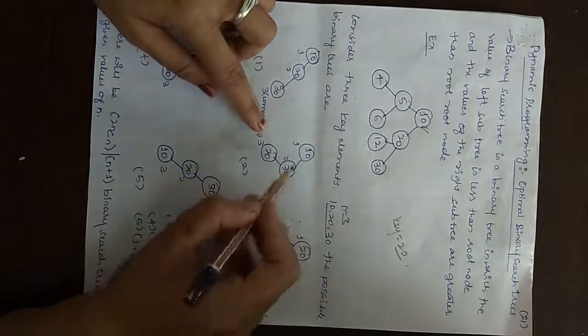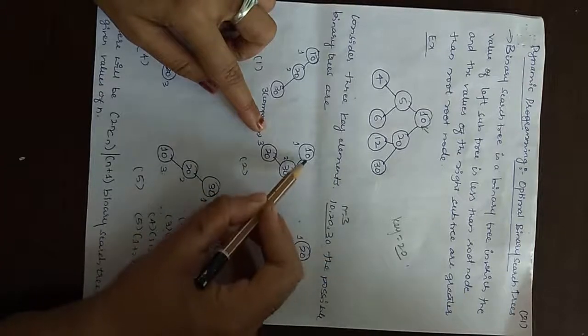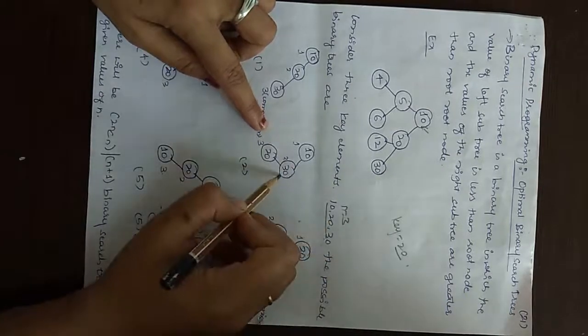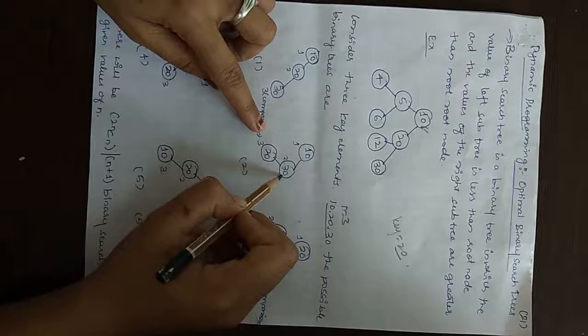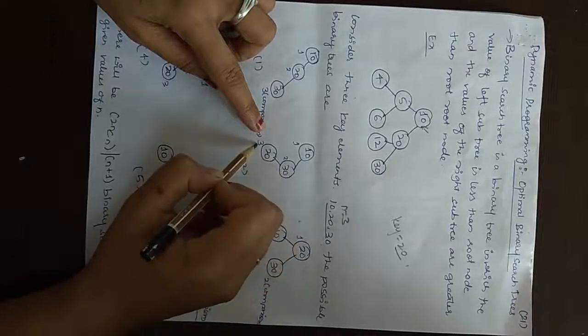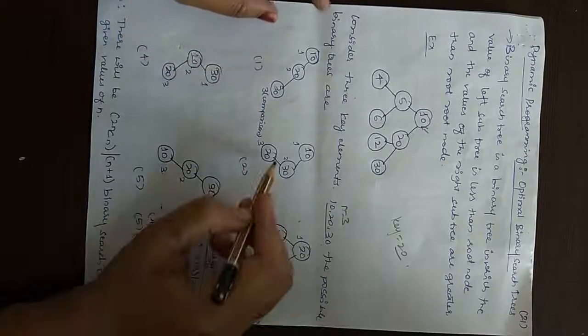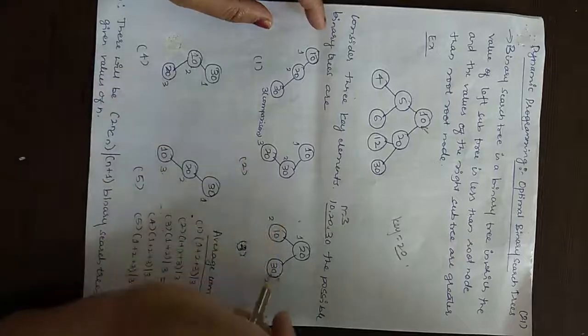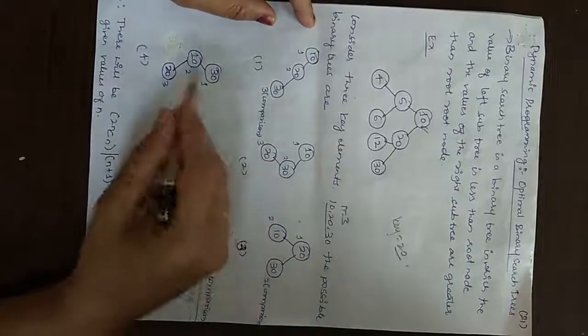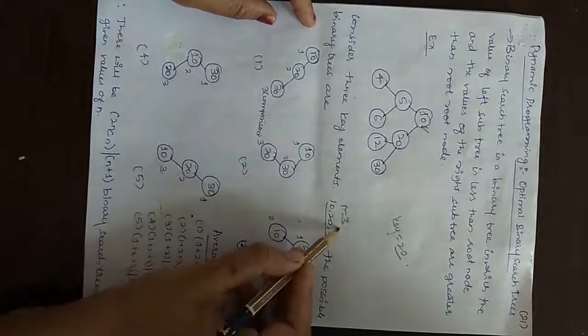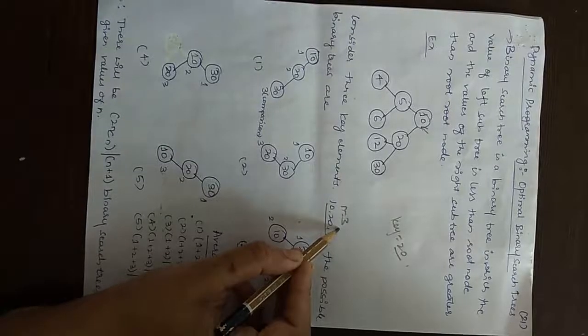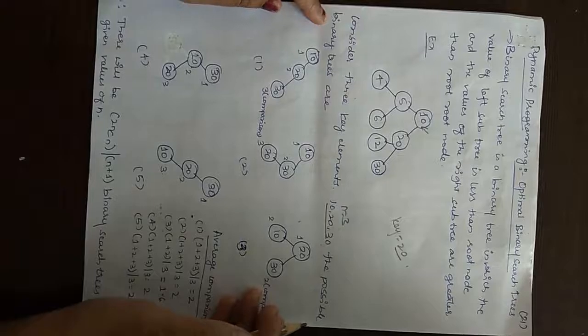Next, the second one: if I consider 10 first, then 30 on the right side, then 20 is less than 30, so on the left side of 30. Like this, I am going to get 5 organizations of trees when n is equal to 3.